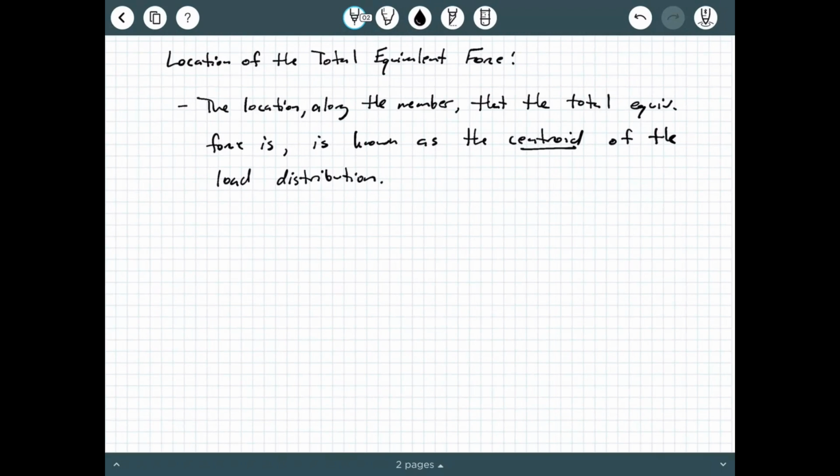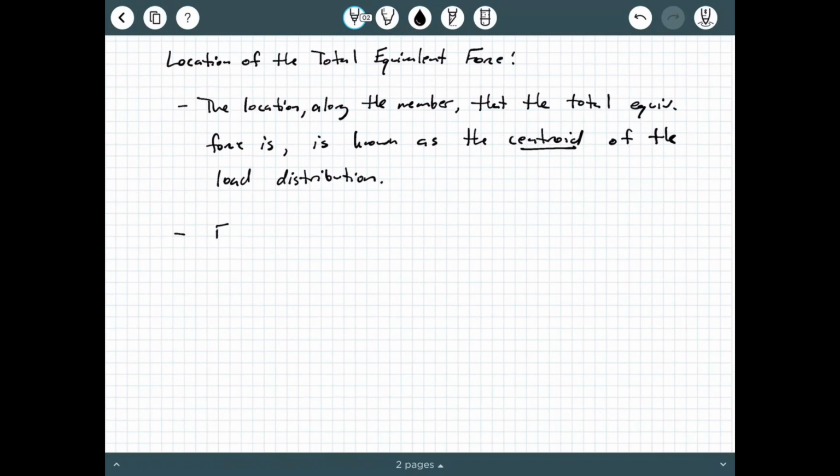Okay, so again, we're learning this new word called centroid, which is the location on the member's length where the equivalent force, capital F, is located. So the question is, how do we compute that?